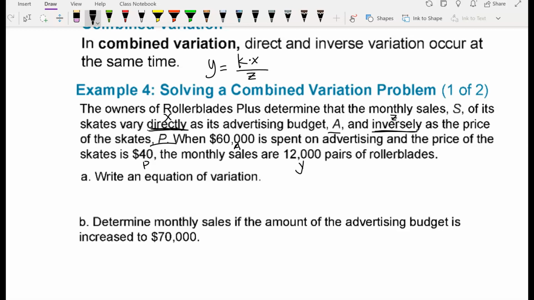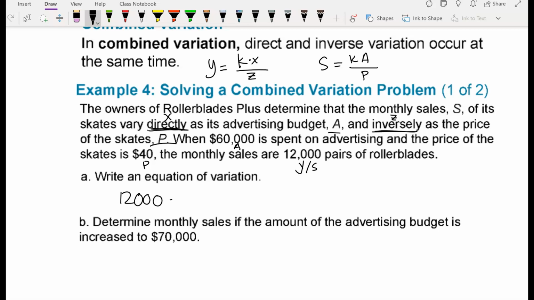So it's going to be 12,000. So now it's going to be S or Y. So your sales equals K times your budget, so advertising, over P for the purchase price.